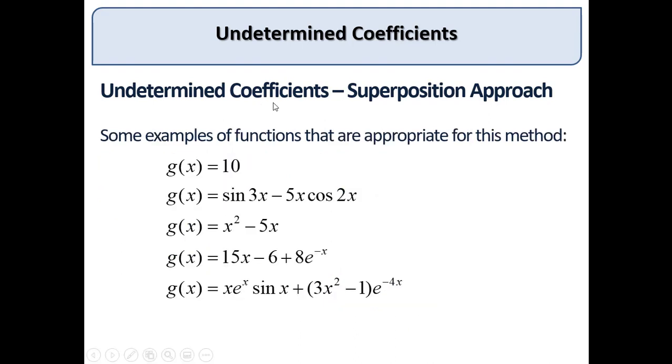Some examples of functions that are appropriate for the superposition approach: for example, g(x) equal to a constant, something like g(x) equal to 10; g(x) equal to sine 3x minus 5x cosine 2x, which is a combination of sine and cosine functions; a polynomial function of order 2; a combination of polynomial and exponential, a combination of exponential and sine and cosine functions, and also polynomial functions.